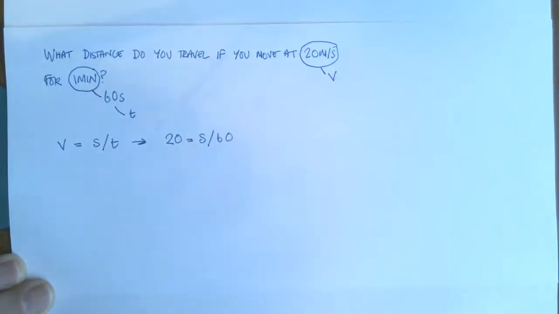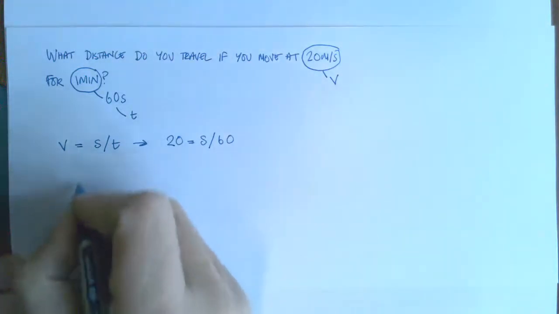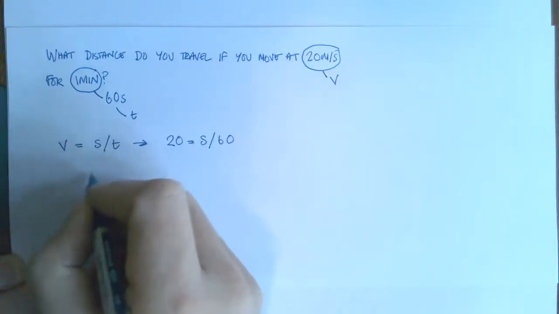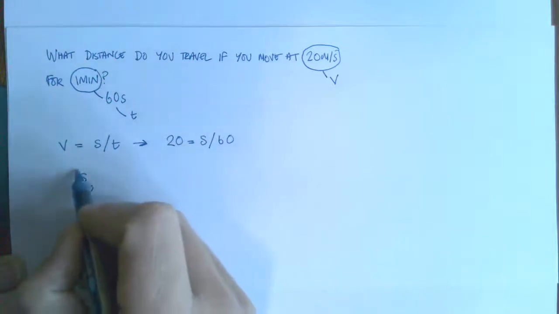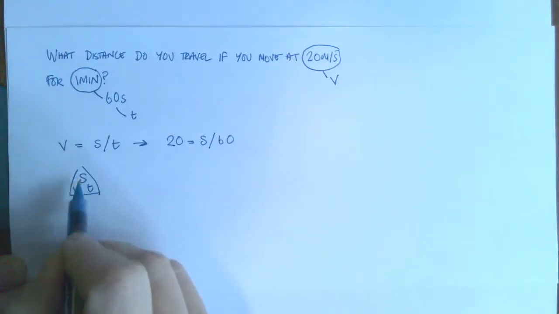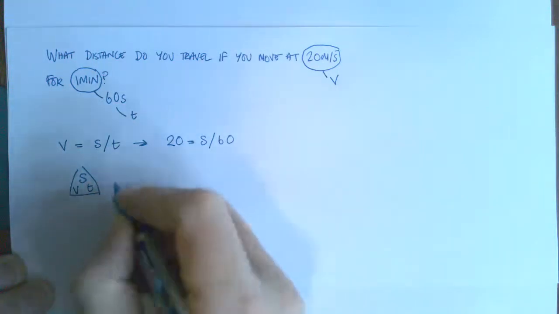Now, some of you might instantly be able to change the subject of the equation and solve that. I would probably do this, though, just to make sure. I would use my equation triangle, s, v, t, and I would see that the displacement, the thing we're trying to find out, or distance in this case I've written, I said I would do something wrong earlier on, is equal to the velocity times the time.